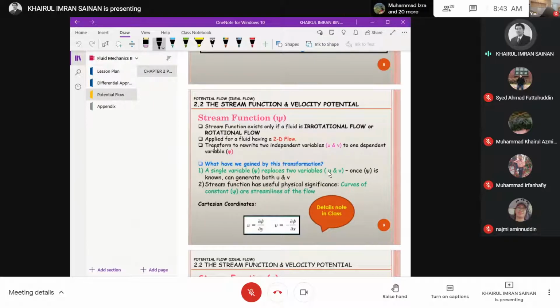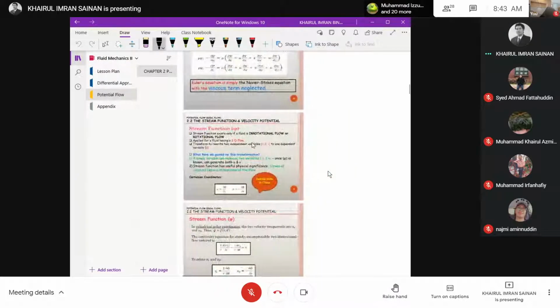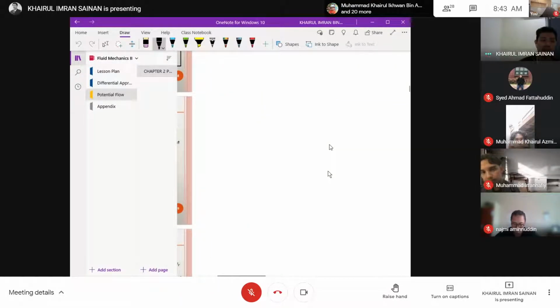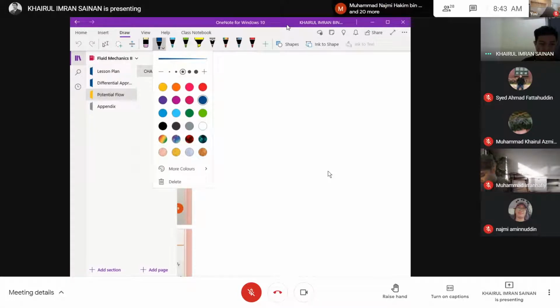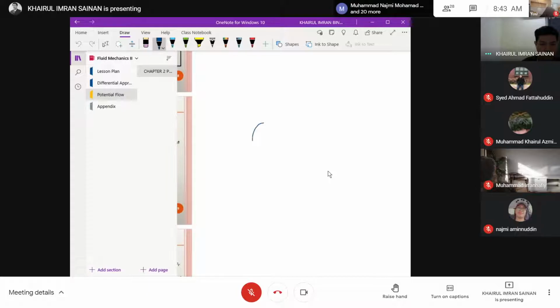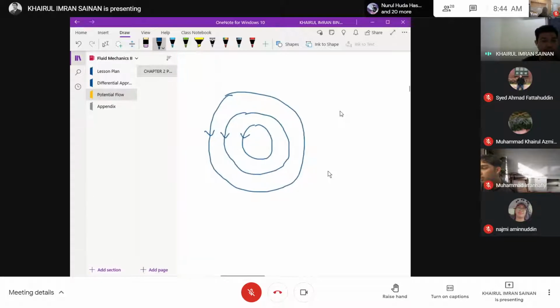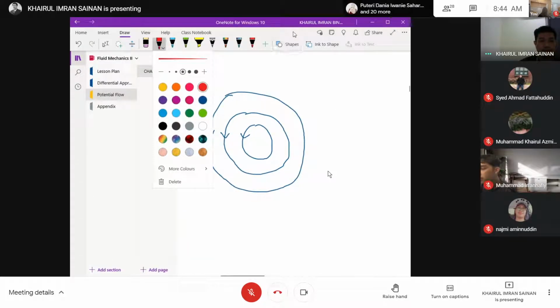Now is the time for me to explain irrotational flow and rotational flow. So I need to draw some figures. In the first figure, the fluid rotates counterclockwise.